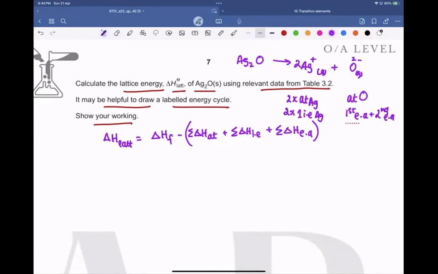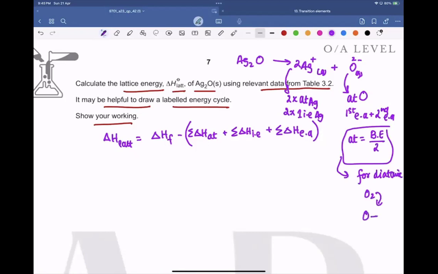Is this understandable to all of you? For silver, you need this; for oxygen, you need this. Another important thing, if you recall: atomization is equal to bond energy divided by 2, for diatomic elements like oxygen, O2, which has a double bond between two oxygen atoms. Till here, is this clear? So we figured out what data we need.